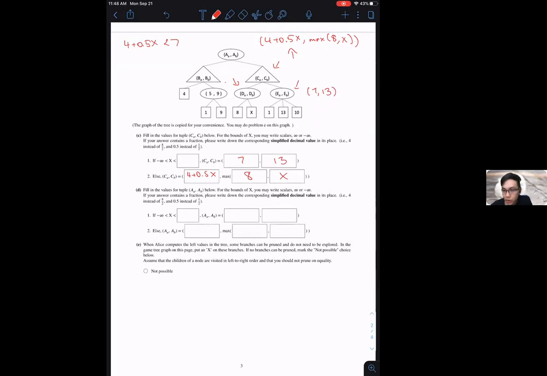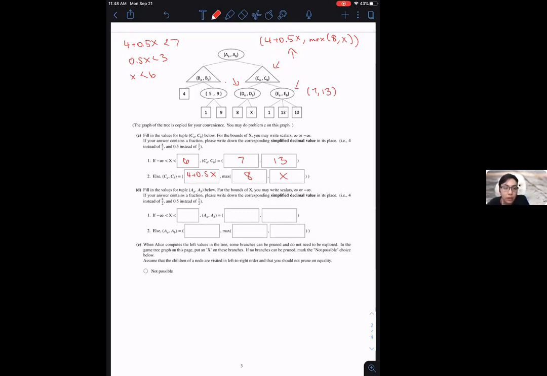If we solve, we get 0.5x less than 3, so x is less than 6. Therefore, we can just write in 6 here, and we're done. So we know that if x is between negative infinity and 6, we will guarantee that Alice will choose the rightmost node because 7 is better.